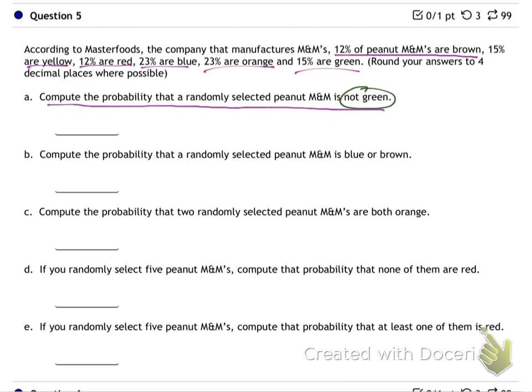So you're saying I got to subtract 100%, take away what? The 23%? Where are you getting the 23%? That's blue. I'm sorry, the 15%. Gotcha. Yeah, the 15% that are green. And that makes perfect sense. 85%. Everybody see that?